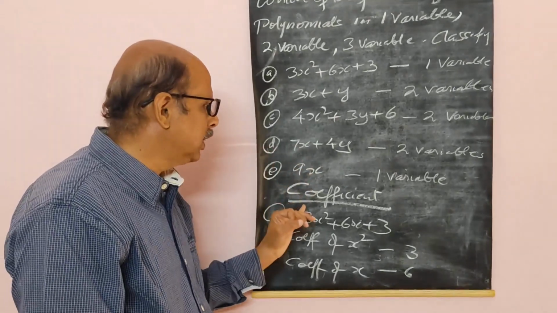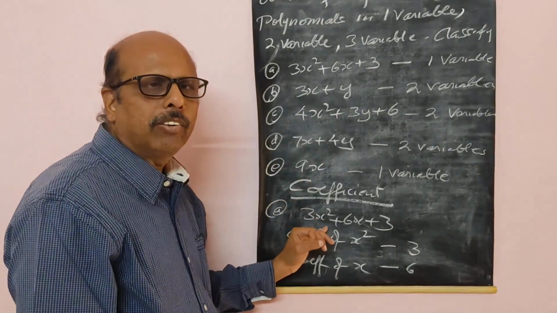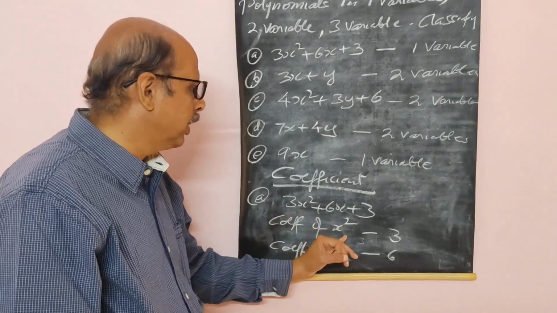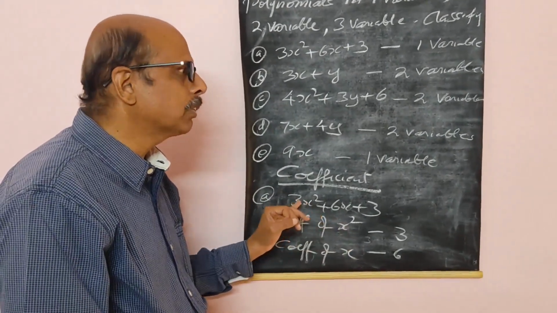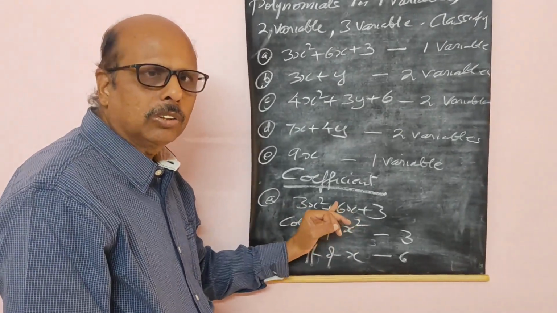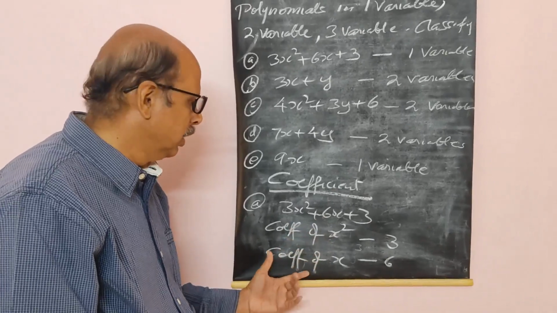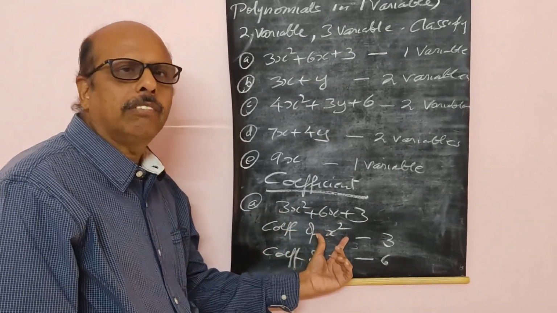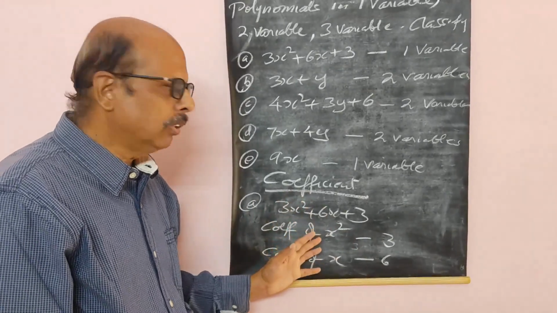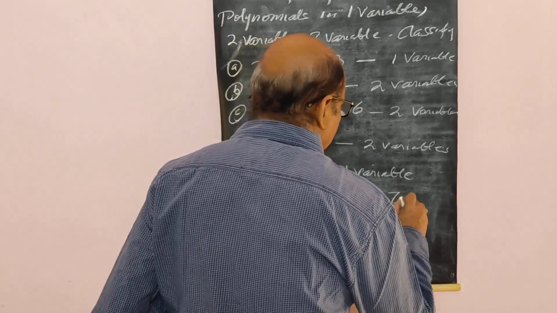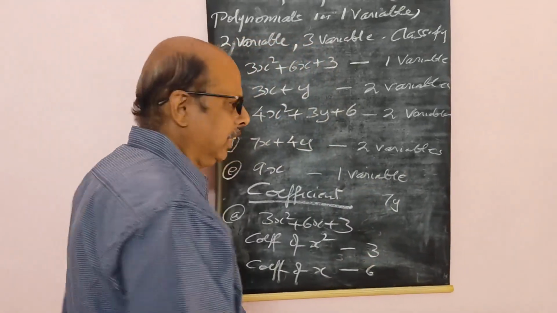And the coefficient is the number in front of the variable. So the coefficient of x square is the number in front of x square. Coefficient of x is the number in front of x. So the coefficient depends on the expression which they have asked you. Suppose I write 7y, the coefficient of y is 7.